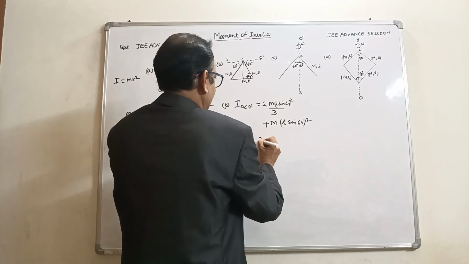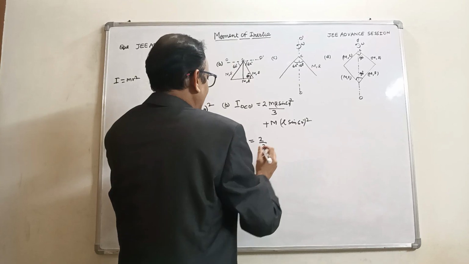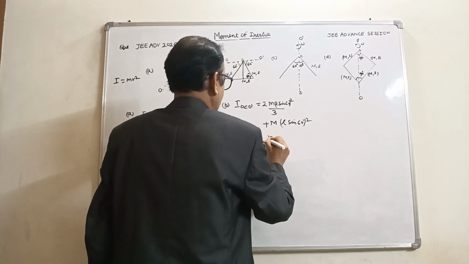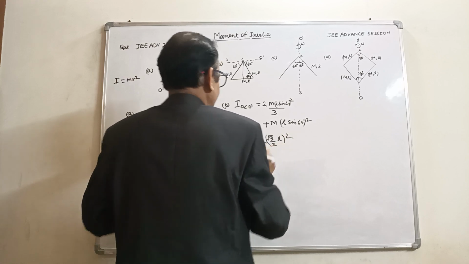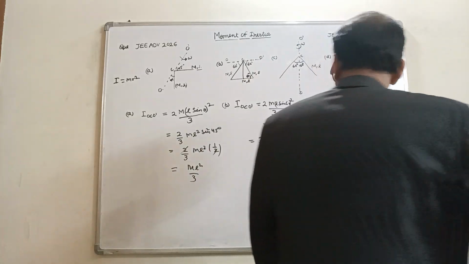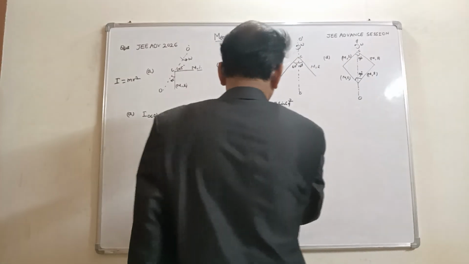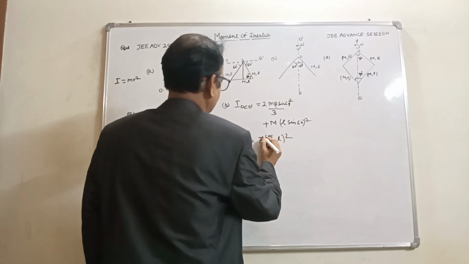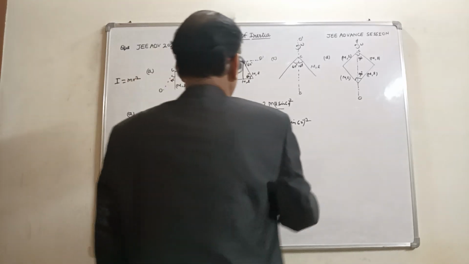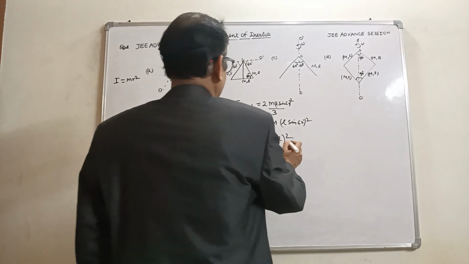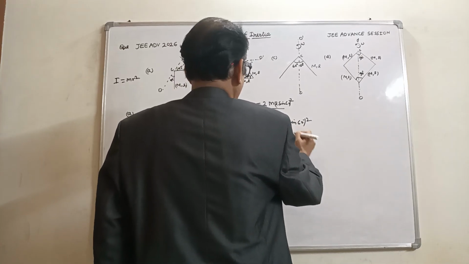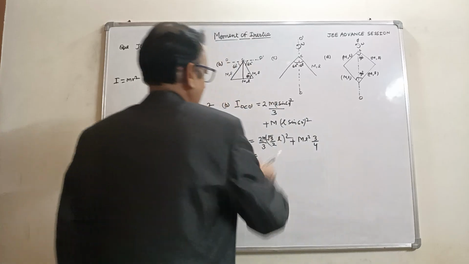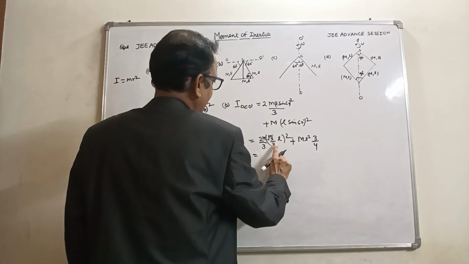So we write here 2 by 3, and sin 60 would be root 3 by 2, so sin square 60 becomes 3 by 4.